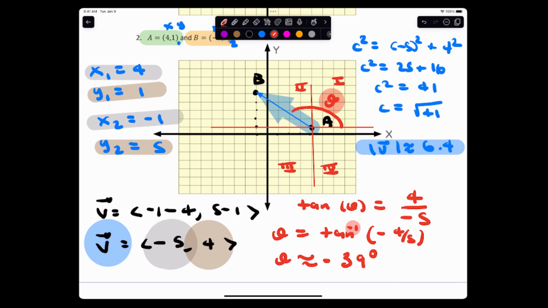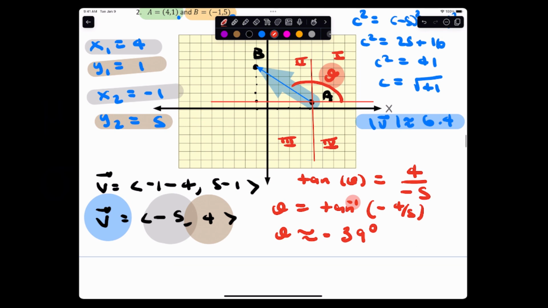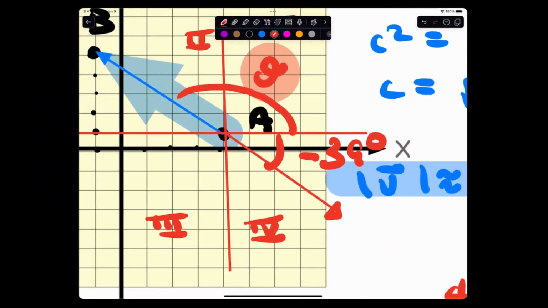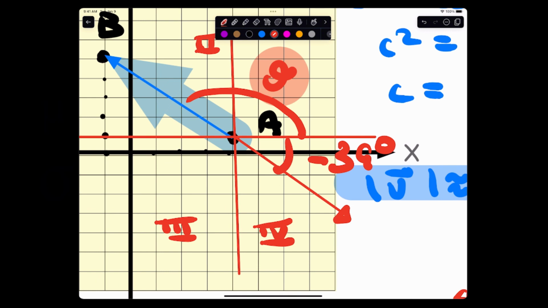So how am I going to get, ladies and gentlemen, the correct positive angle? Anybody know? What angle is this? Because they gave you this angle. This is what they gave you. That's negative 39 degrees. So how do I get the positive angle? You just have to add what to this? You add 360? Do you add 2 pi? You add 180. Good job.